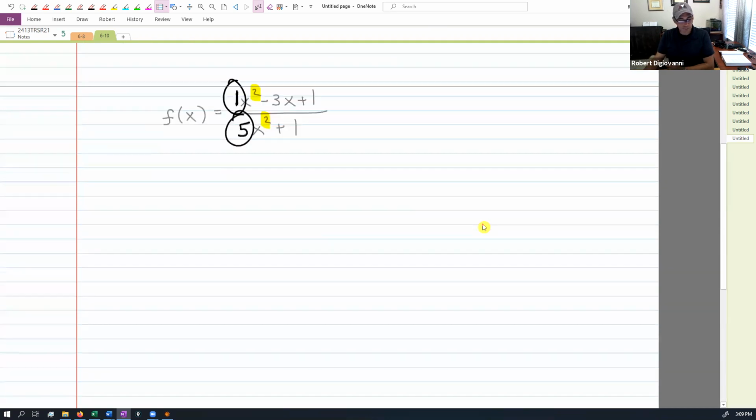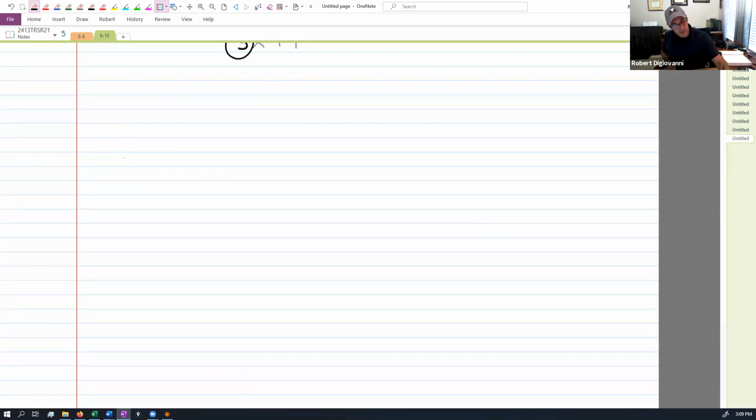All right, let's do another one. How about this? Limit x goes to infinity of x cubed minus x plus 4 over x to the 4th minus 4x squared minus 10,000.